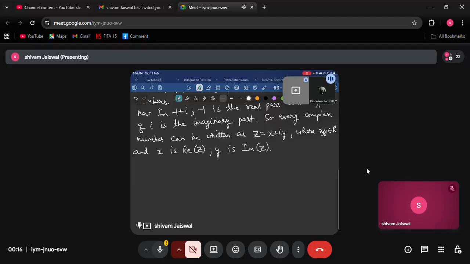Argand diagram, or Argand plane, or you can say complex plane.